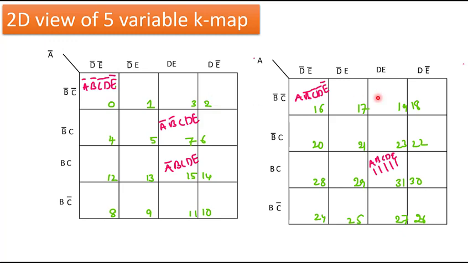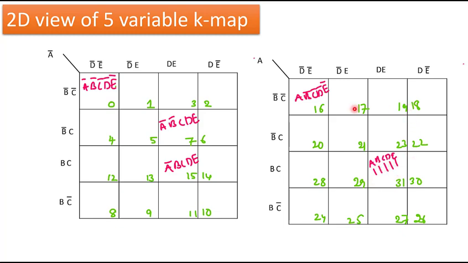Similarly, if you take the other 16 cells, the minterms are given here. The first cell is 16, that means A, B bar, C bar, D bar, E bar, that means 1 0 0 0 0, that means 16. And similarly, if you take another minterm here, this is A, B, C, D, E, that means all 1, that means your 31 minterm.